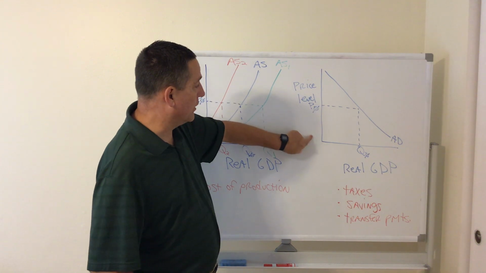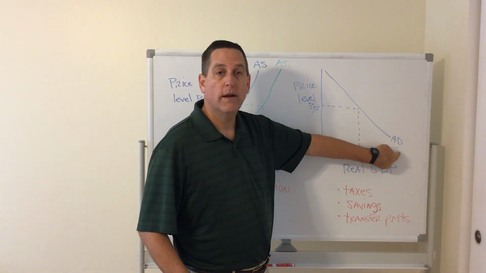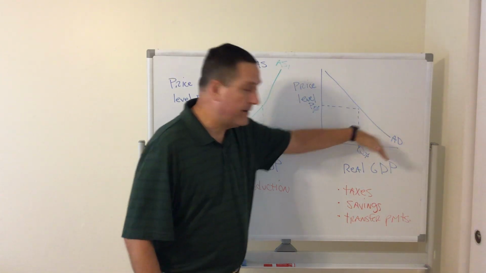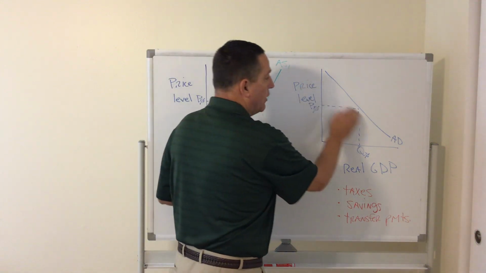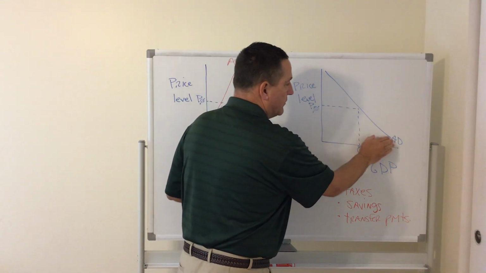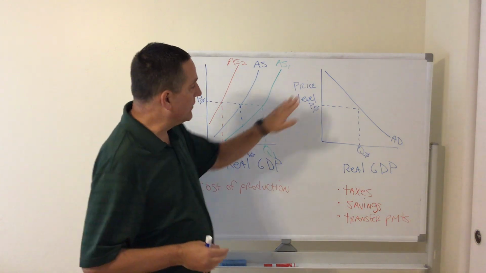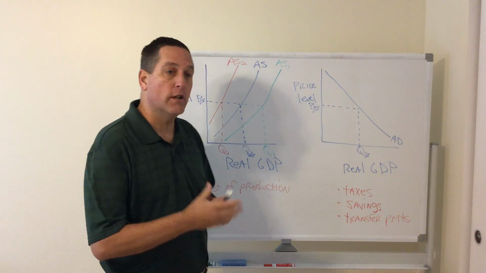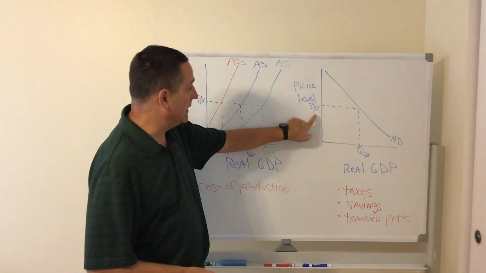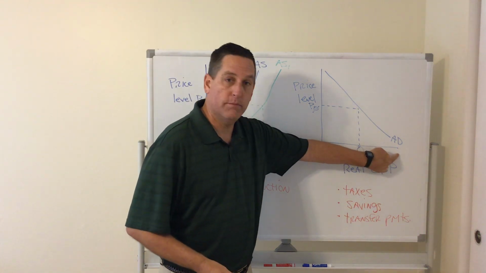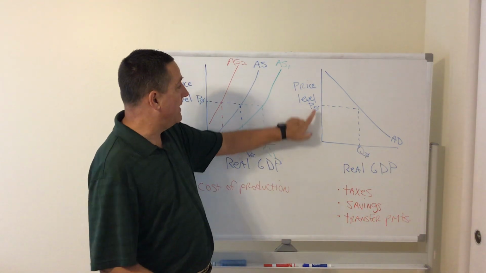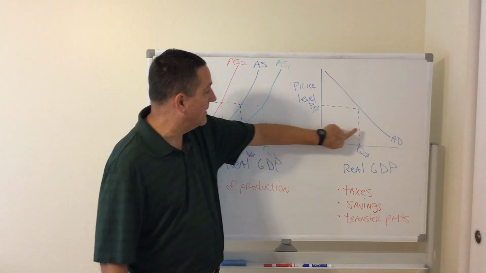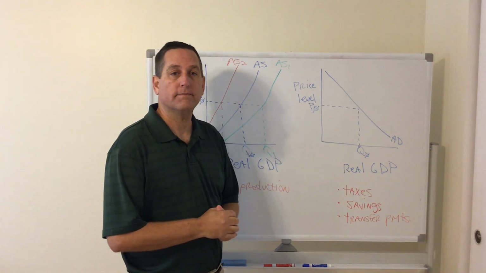And if prices were to go down, people would demand more. That's why aggregate demand, like all demand curves, slopes down and to the right, because at lower prices, people will demand more of everything, and at higher prices, people would demand less of everything.